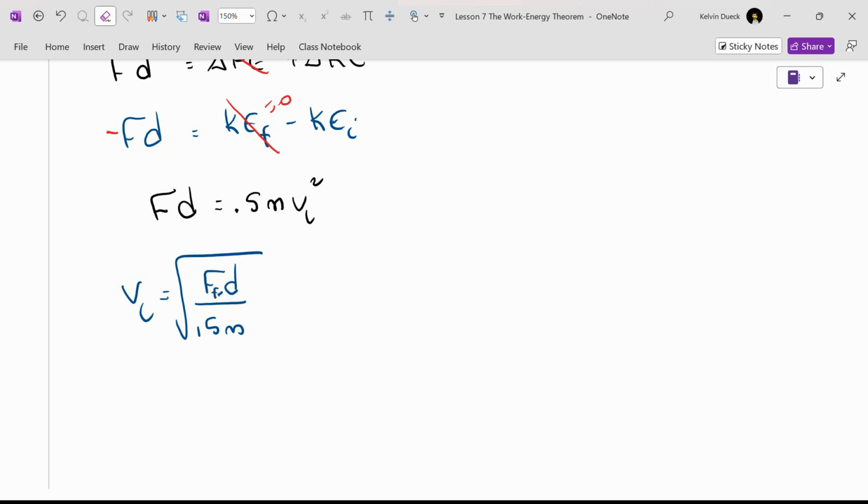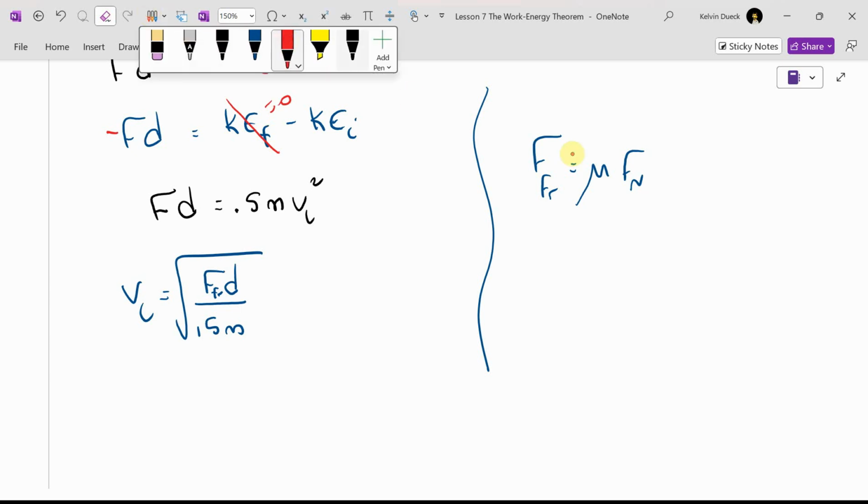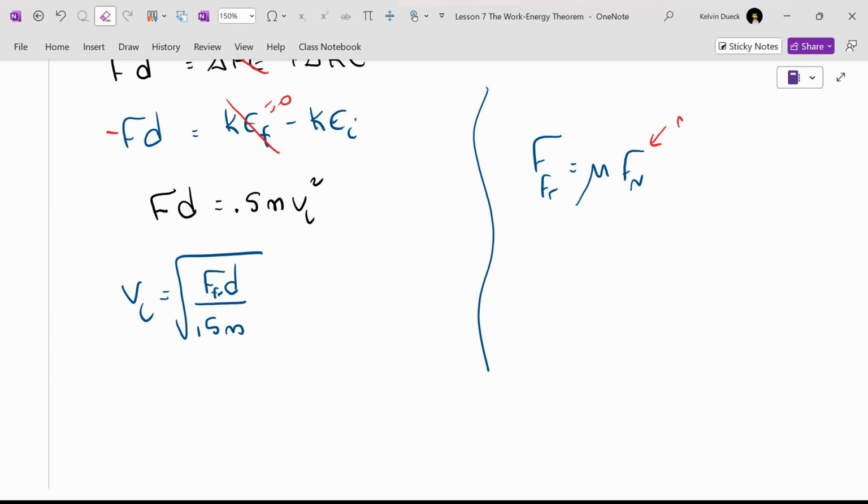Problem. Do I know the force of friction? Friction is what times what? I don't know the normal force, but if I imagine my free body diagram, I'm pretty sure that this here is mg.